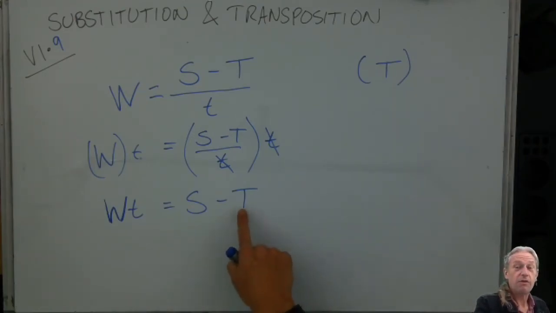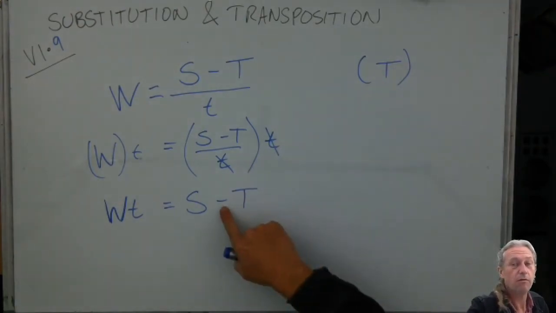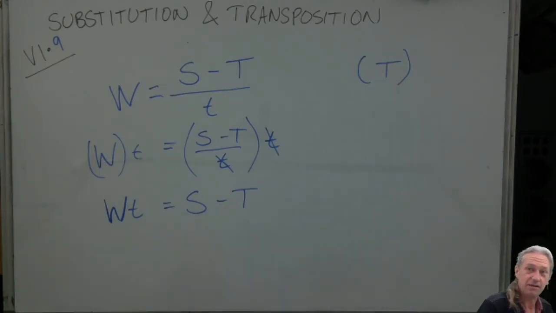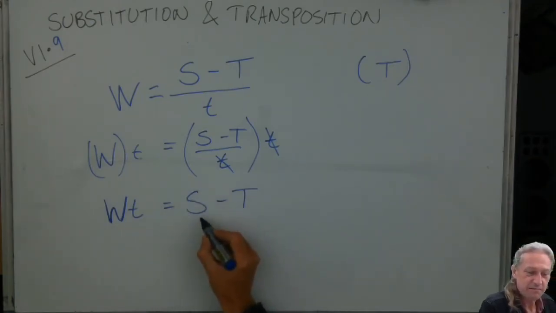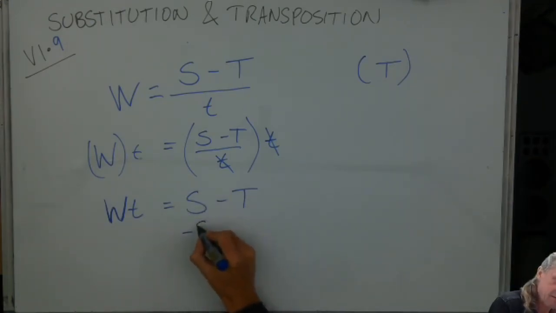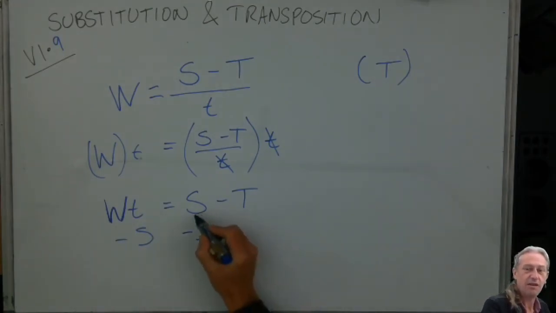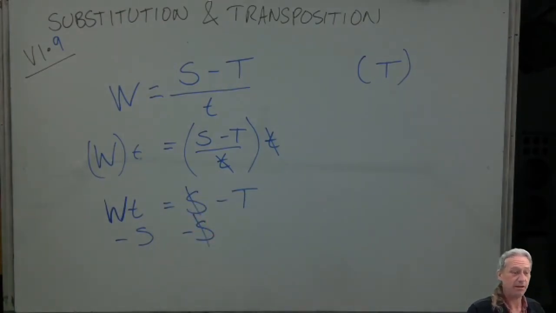Okay, so we want this on its own, but we don't want negative T. So we'll deal with that take away T last of all. The next thing to do, we've got this positive S, so we're just going to take S from both sides. Over here, that cancels out, it's like adding nothing.